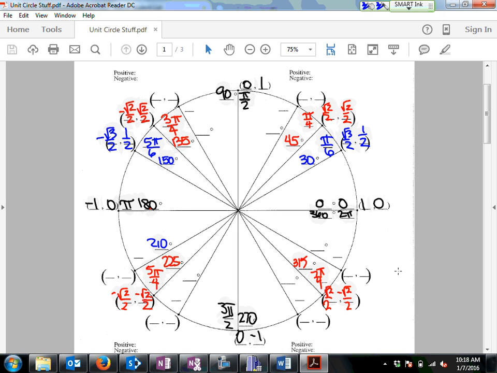So it's 1 plus a 6. 7 pi over 6. To get to this coordinate, we move to the left, radical 3 over 2, and then down 1/2. So negative radical 3 over 2, negative 1/2.